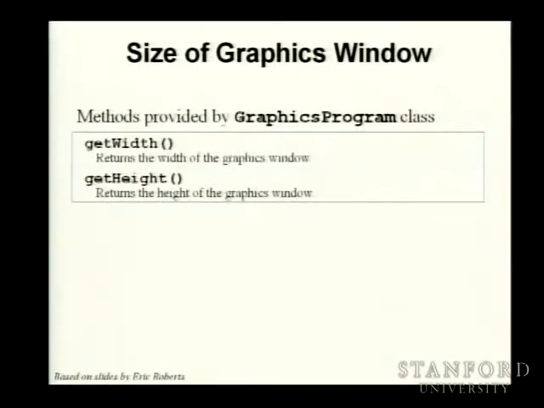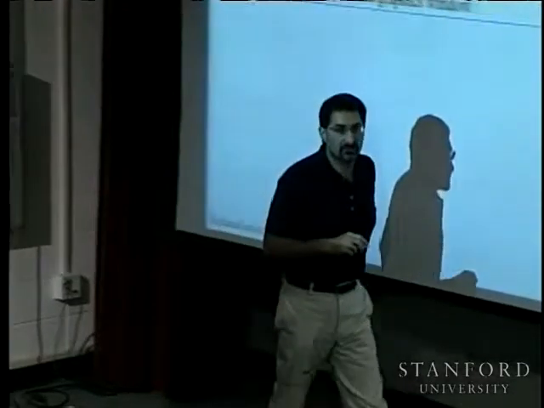One last thing that might be useful to you: sometimes you want to center something in the graphics window or draw something at the bottom. How do you know how big the graphics window actually is? There are two methods from the GraphicsProgram class. You might notice they don't have any object as their receiver, because the receiver is the graphics program.